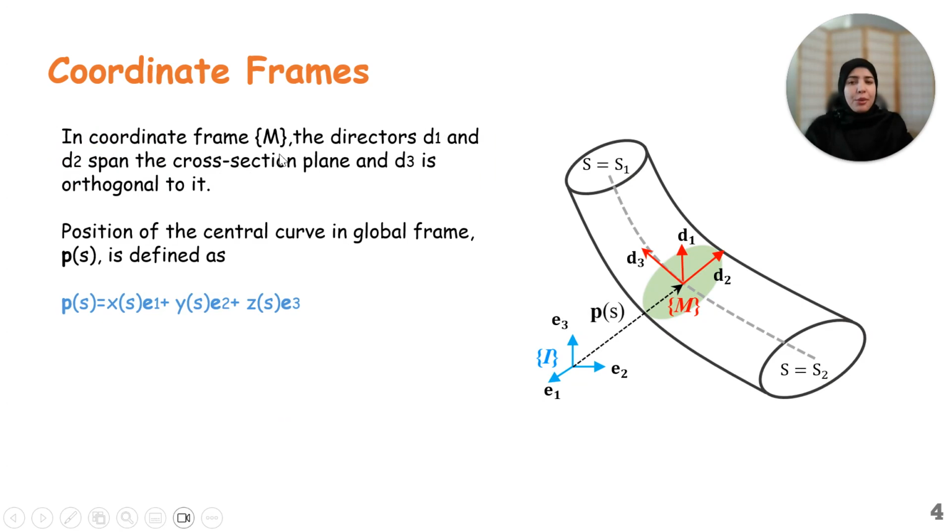In the material coordinate frame, the directors D1 and D2 span the cross section, and D3 is orthogonal to it. The position of the central curve in the global frame is defined as the vector P, which equals x E1 plus y E2 plus z E3.